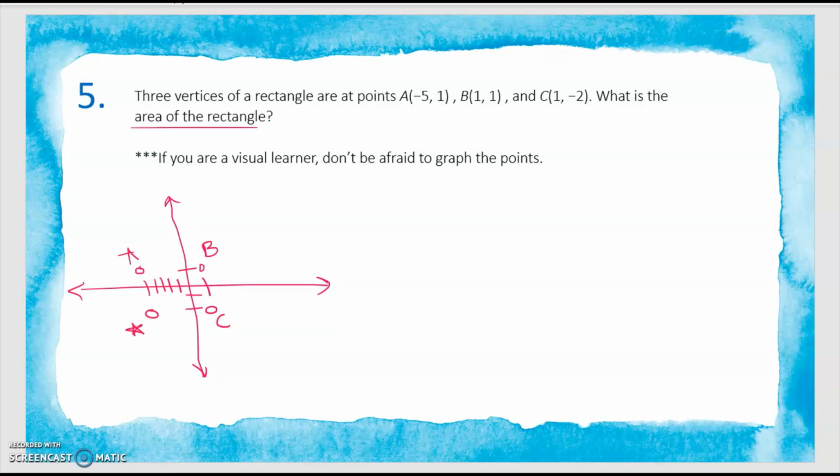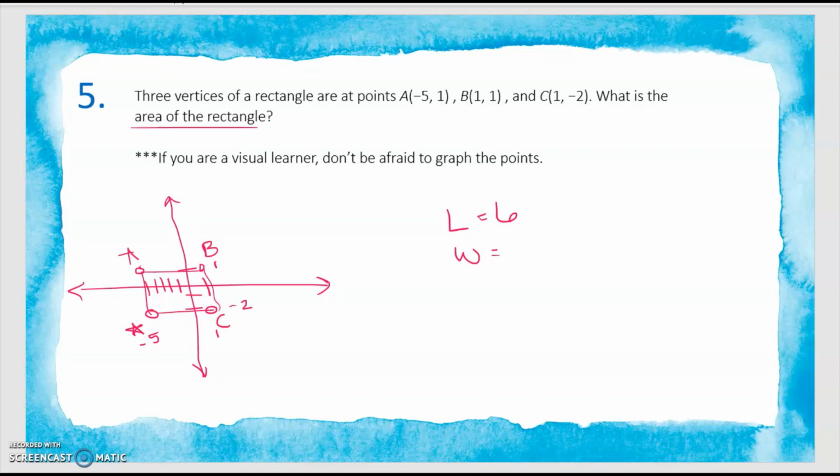Okay, so I have to figure out what is the length and what is the width of this shape. Well, I know that this is going from -5 all the way to +1. -5 to 0 is 5, another one is 6. So my length is 6. My width goes from -2 down here up to +1.